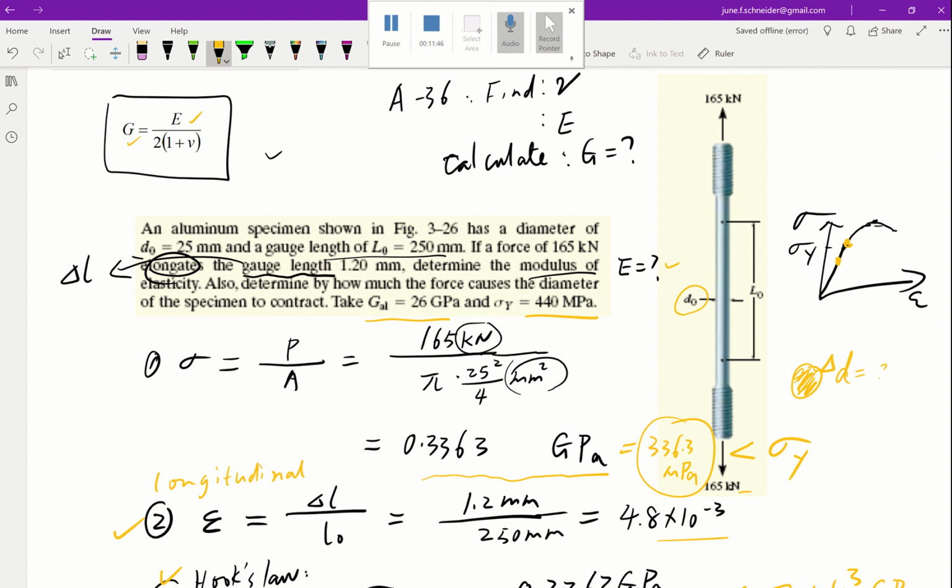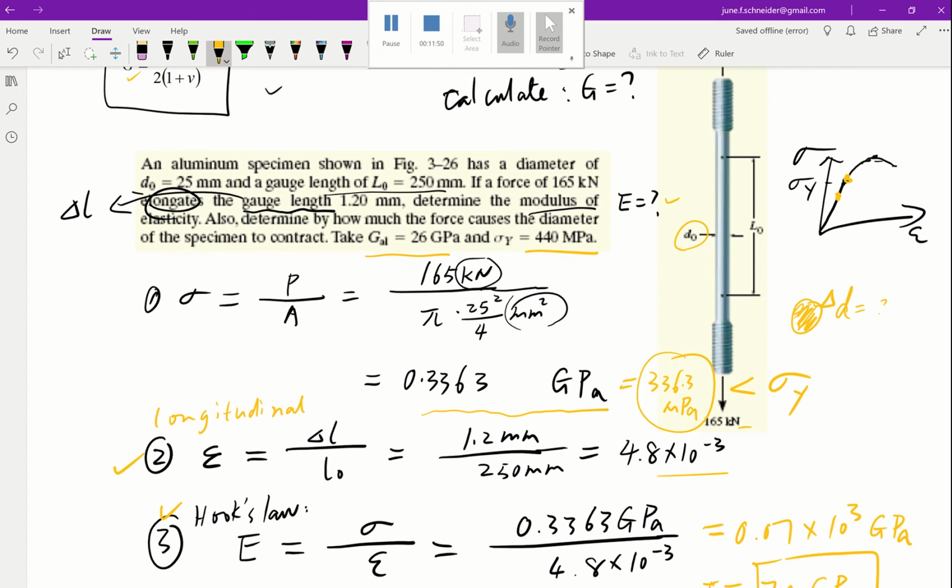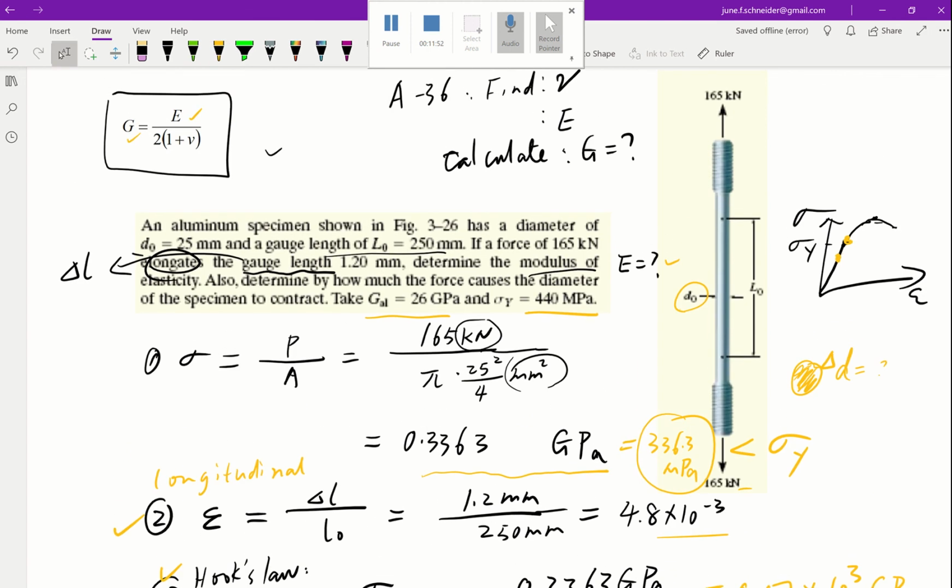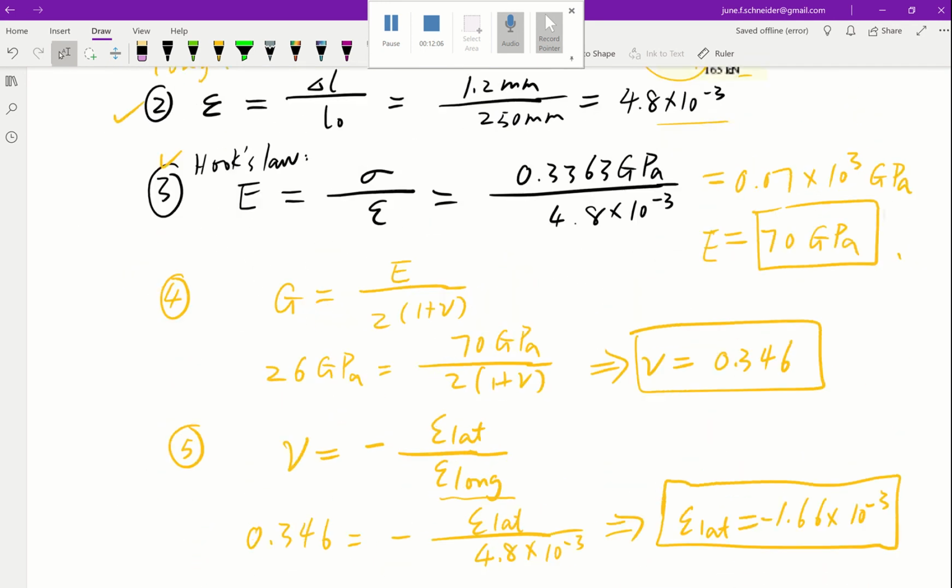Okay. All right, so that's it. As for this problem, we were basically given E and G. You can find the Poisson's ratio, and for this problem, you actually find E first, and so that's the entire problem. That's pretty neat.